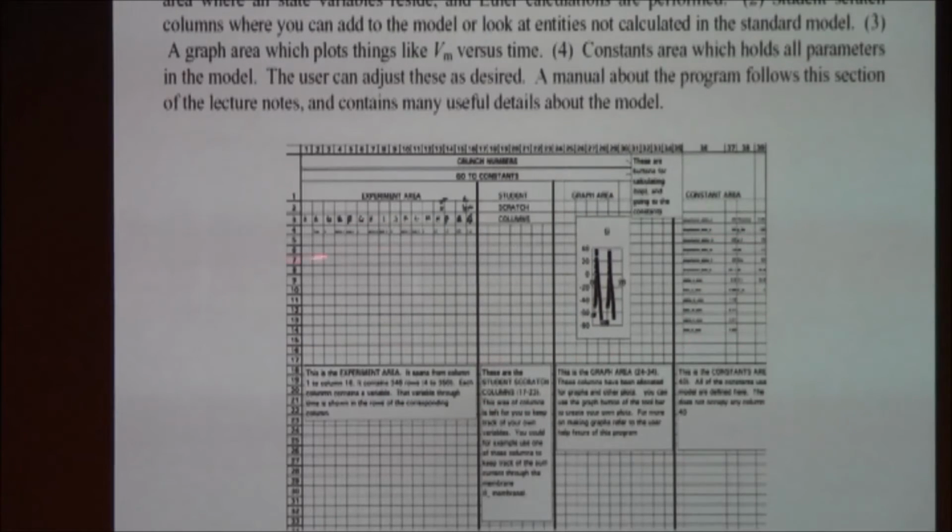This is clunky in a way to do it by spreadsheet, but it's very beautiful in a way too, because although you could use a more sophisticated tool like MATLAB and its ODE solver, you don't really understand how it's doing it, right? You feed it an input and you get an output.